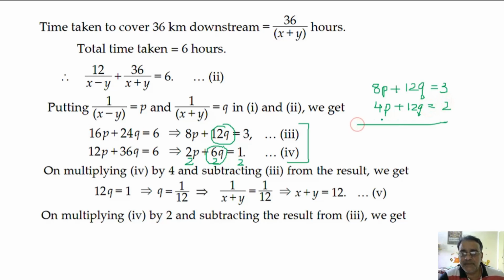Now if you subtract, what you are going to get, 4p is equals to 1.